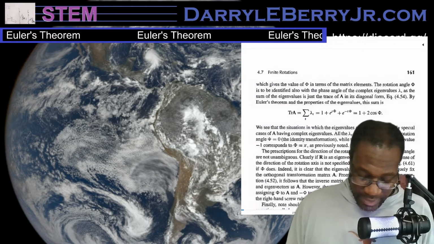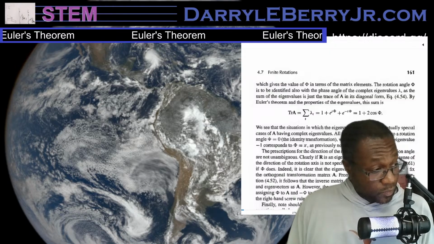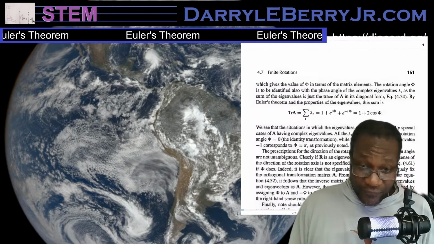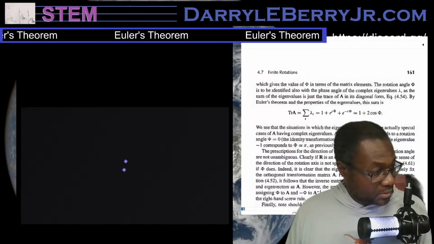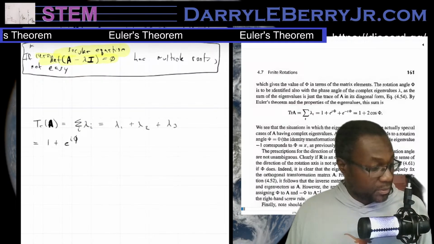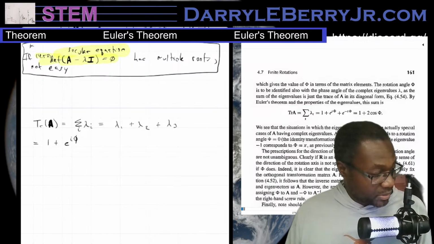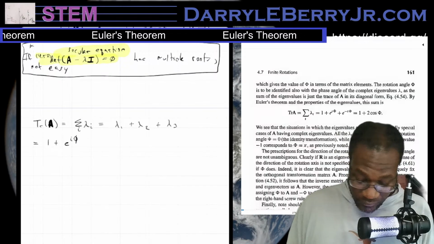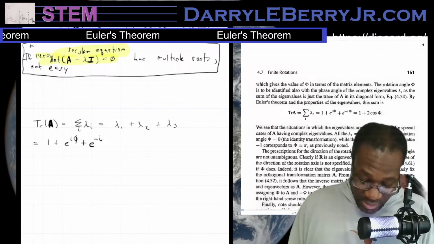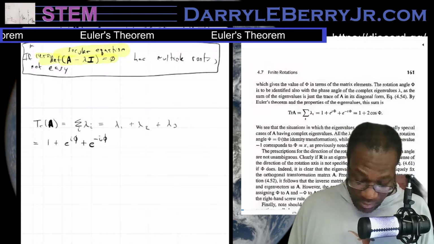Right now they have it equal to 1 plus e^(i phi). Where did my pad go? Hold up. There you go. We have 1 plus e^(i phi) plus e^(-i phi).